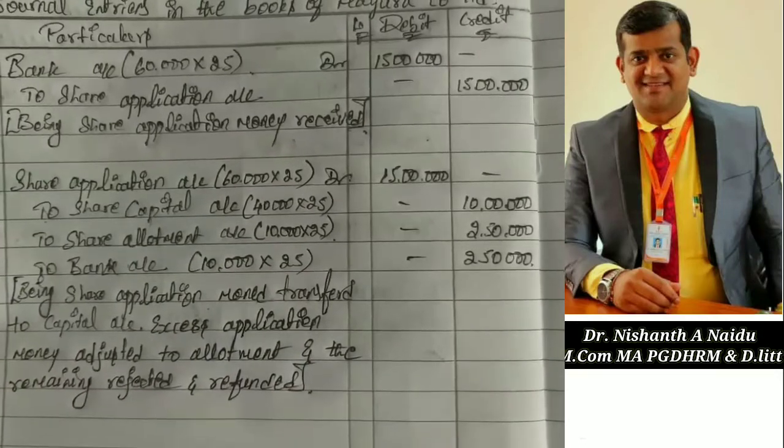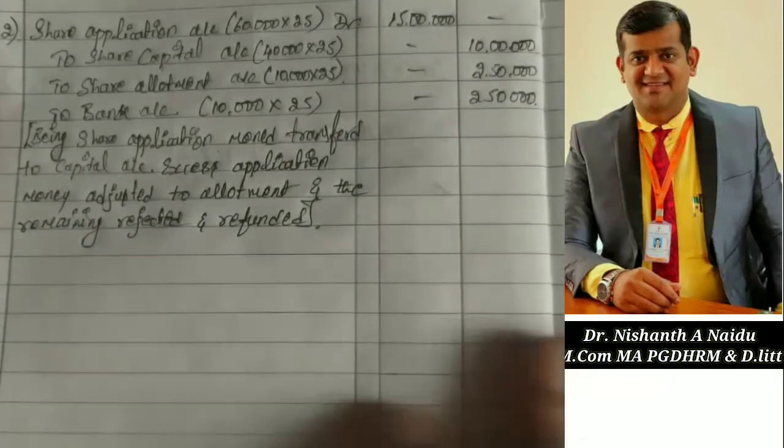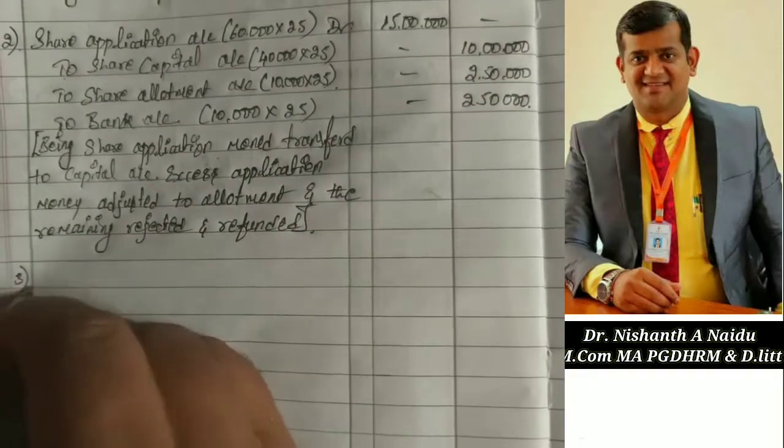So we are done with the second journal entry. So now further moving to the third journal entry.